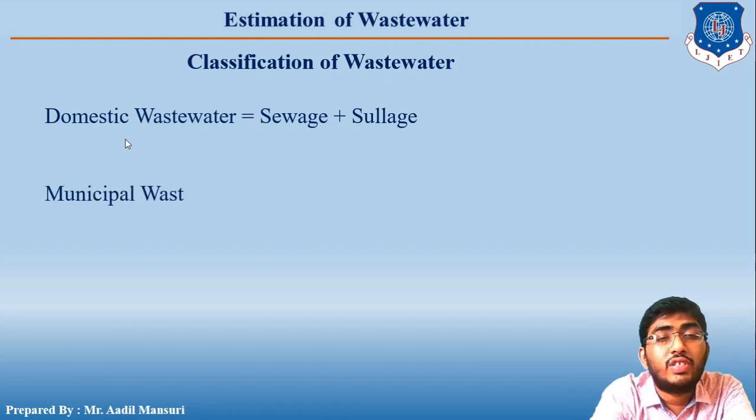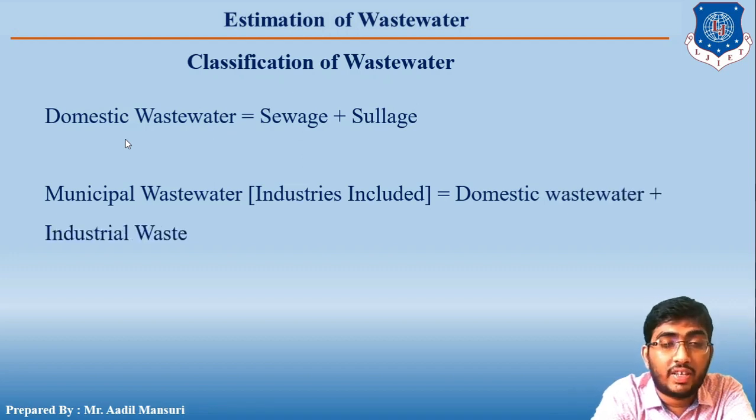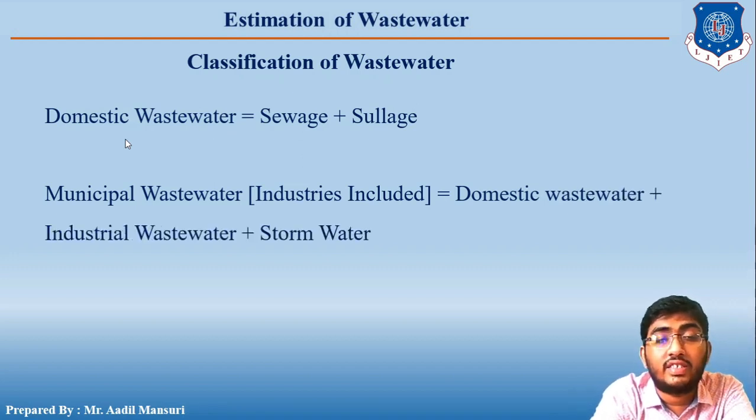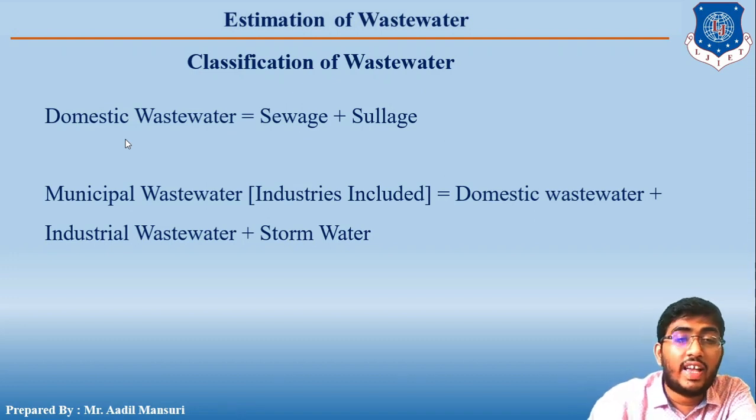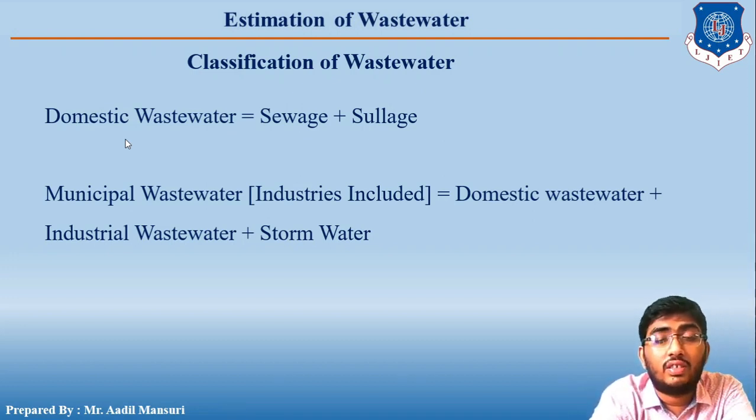Next is municipal wastewater. In this case we have to consider two different sub cases, that is industries included and industries excluded. If you include the industries, then the municipal wastewater will contain domestic wastewater plus industrial wastewater plus the storm water in case of rainy season.